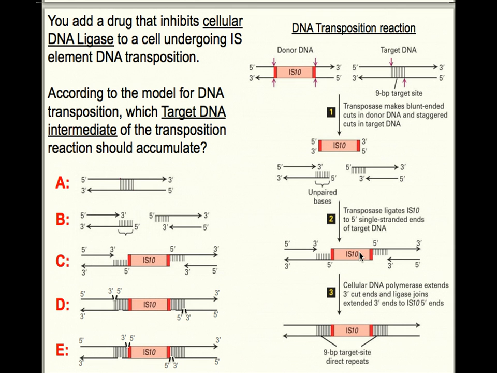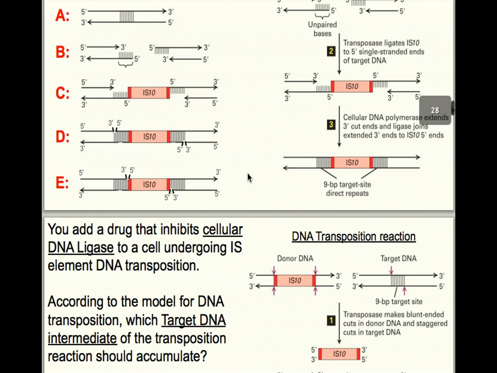So this couldn't be done just by cutting out a protein entirely or inhibiting it. You would need to specifically modify the function of transposase such that it could do one of its functions, but not the other one. Any questions on that?